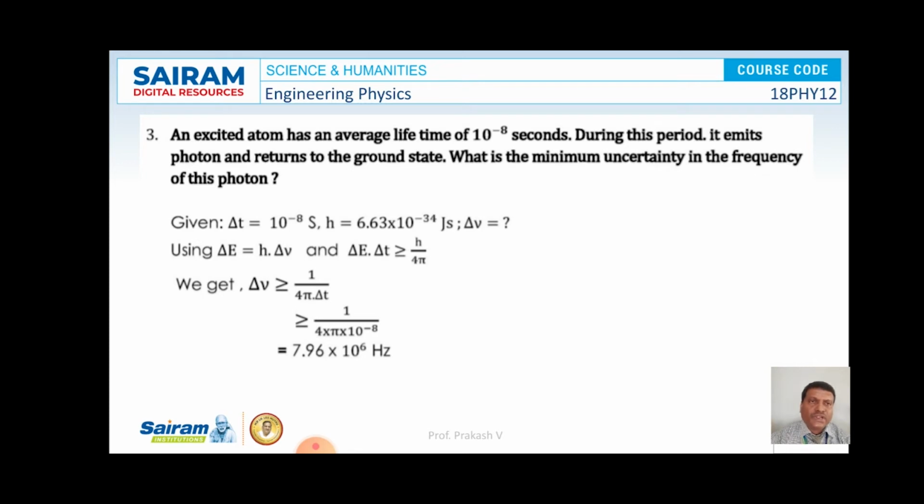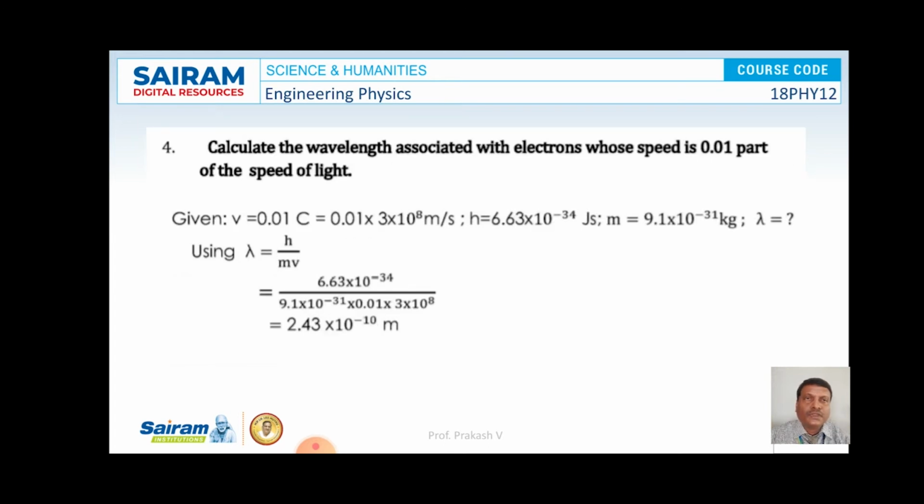Substitute the value of delta t, that is given as 10 to the power minus 8. So on simplification, the uncertainty in the frequency delta mu is equal to 7.96 into 10 to the power 6 hertz. So this is what the solution for the given problem.